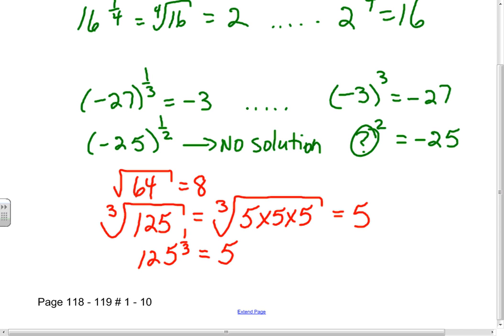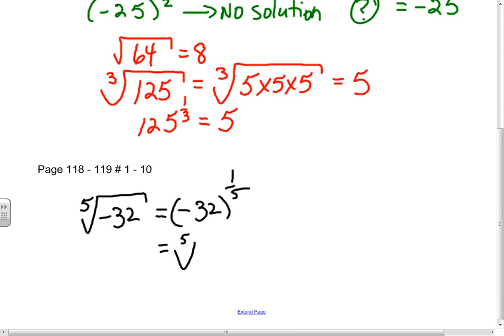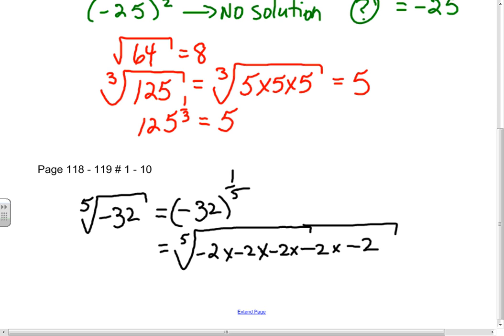2 more. Let's do the 5th root of minus 32. It's the same thing as minus 32 to the 1/5, but I like to write it so that I can see 5 identical factors. You would have to have a negative. One, two, three, four, five. So the 5th root of negative 32 is negative 2.